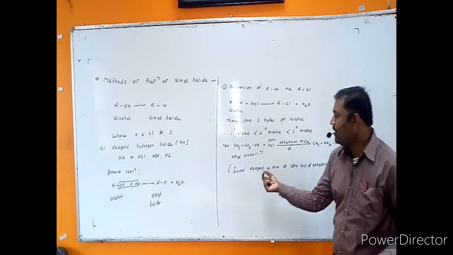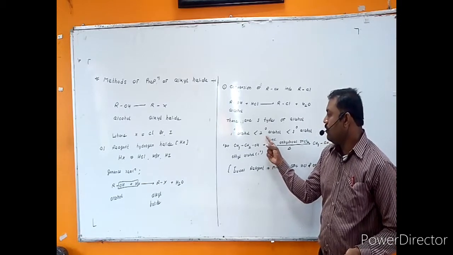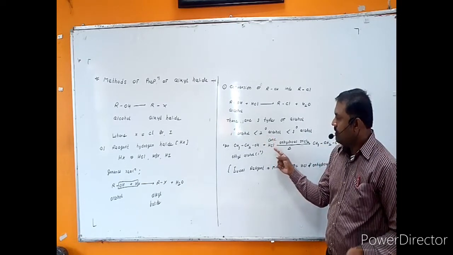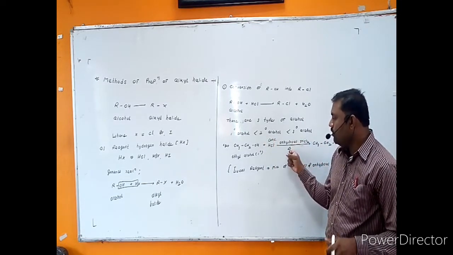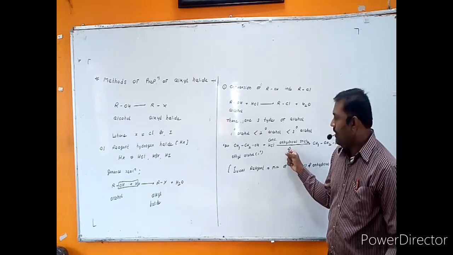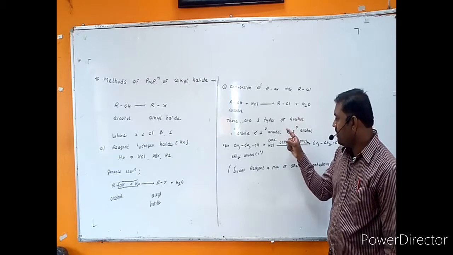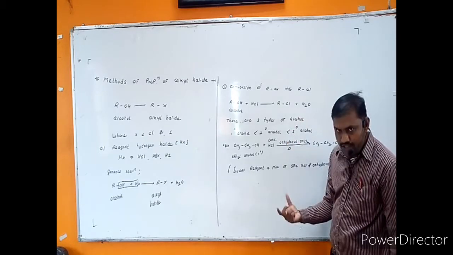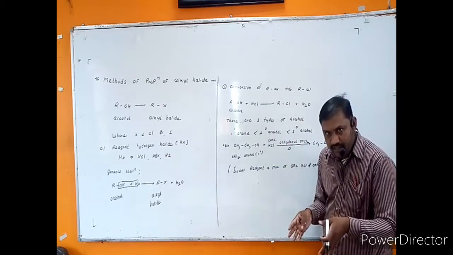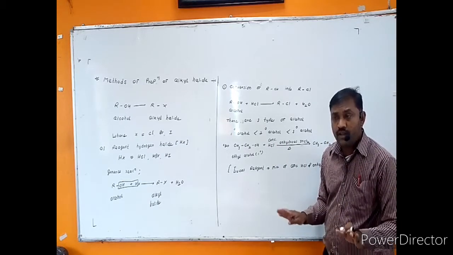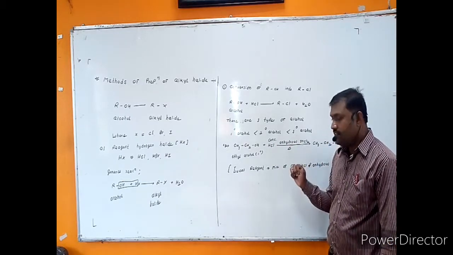So while carrying out reaction between secondary alcohol and HCl, use again catalyst but no need of heating. Clear? And while carrying reaction between tertiary alcohol and HCl, directly take a tertiary alcohol, add HCl in that. There is no need of catalyst like anhydrous ZnCl2.